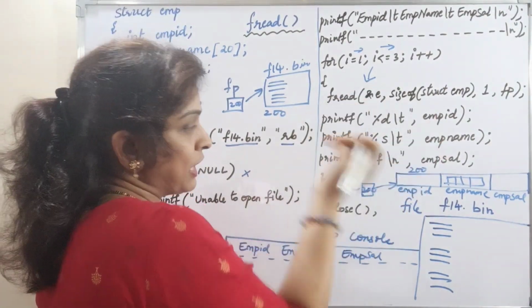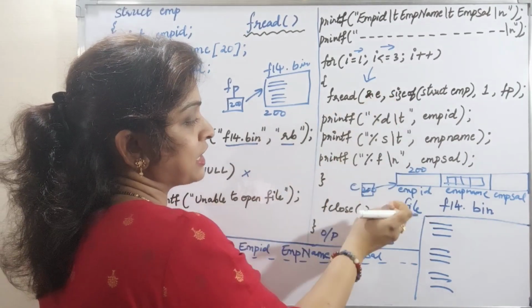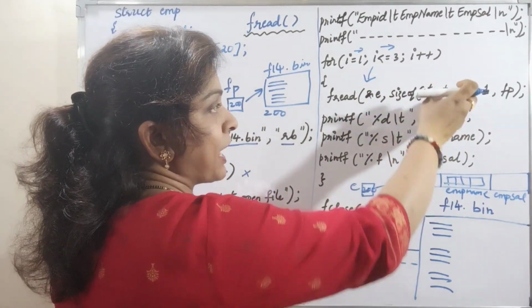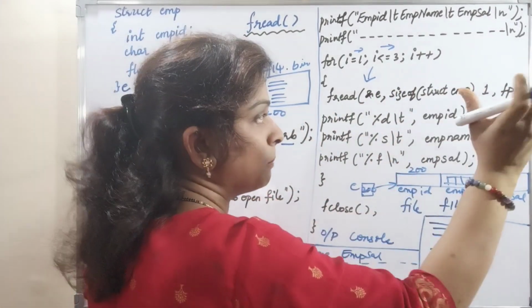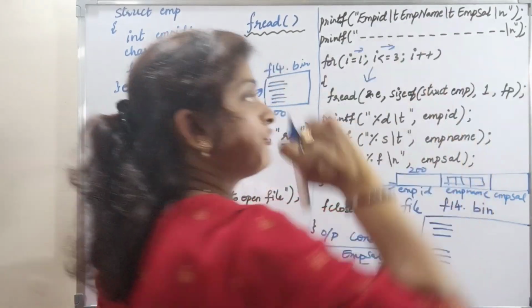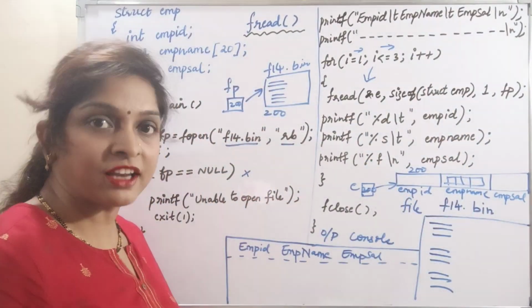You get the value, read the value, store it into the address of E, and the total size of the struct emp, one complete block of data from the file pointed to by the file pointer fp.